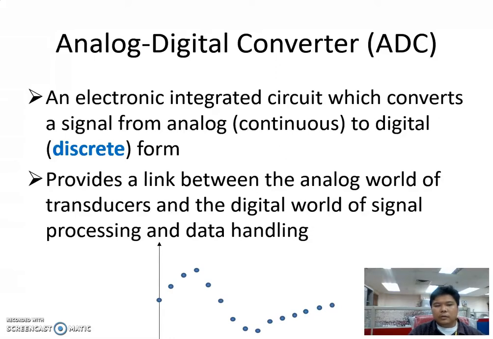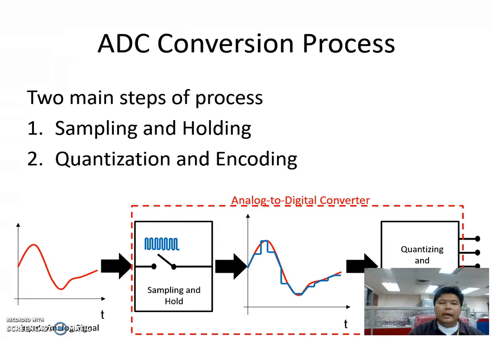Continuing on, the ADC conversion process. What is the process of an analog to digital converter? The two main steps are one, sample and hold, and two, quantization and encoding.